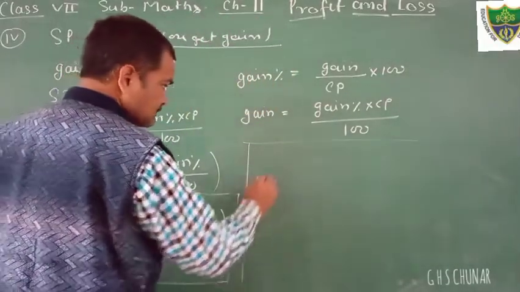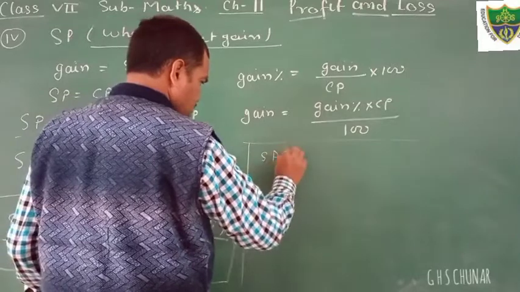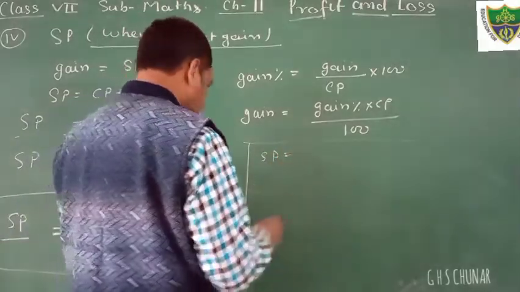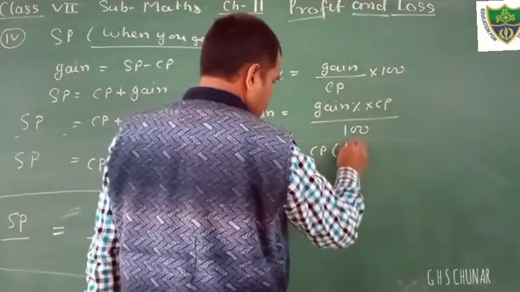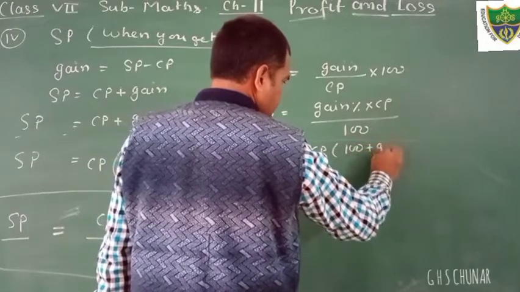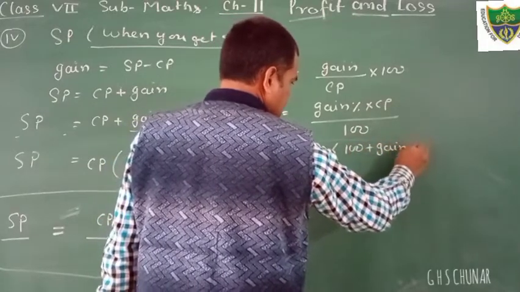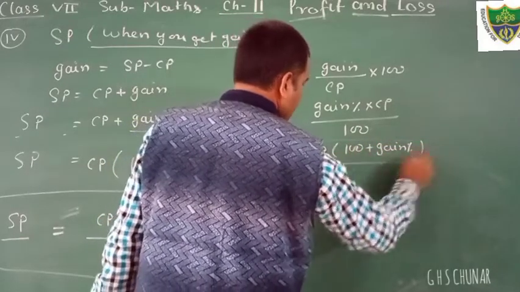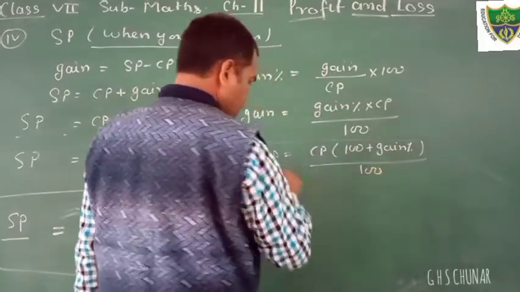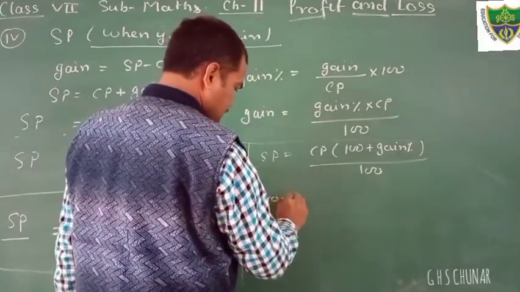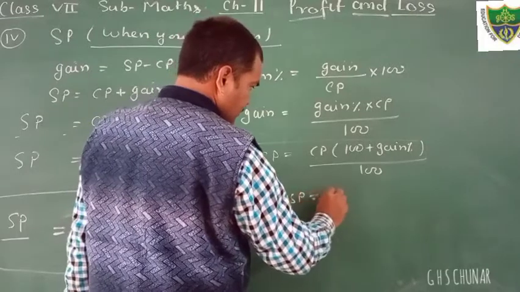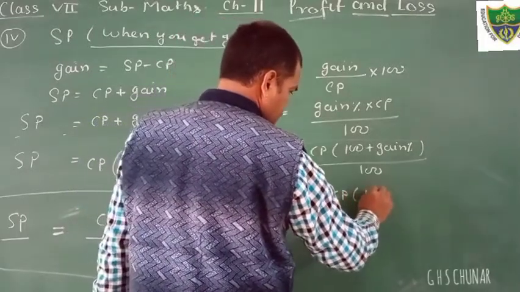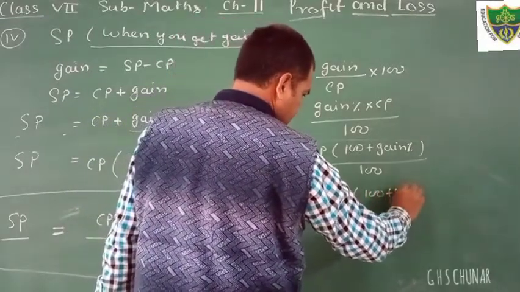From this, SP is equal to CP into 100 plus gain percent, whole upon 100. When you transpose the SP, then 100 into SP is equal to CP into 100 plus gain percent.